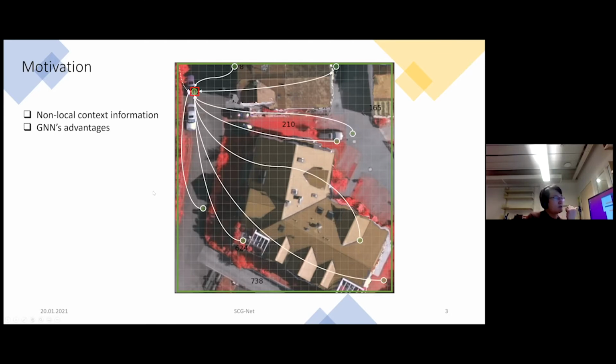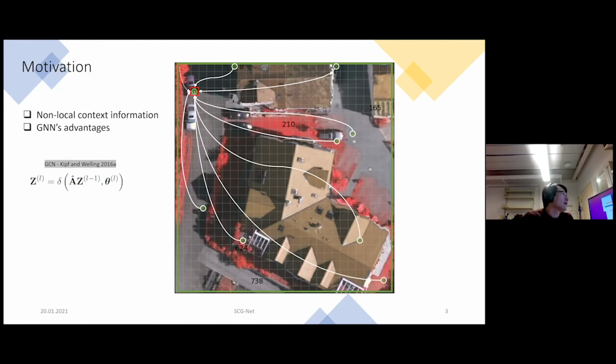In recent years, graph neural networks have proved to be a very powerful model to capture global context information once you have a graph structure available, such as in the domains of social networks and chemistry.